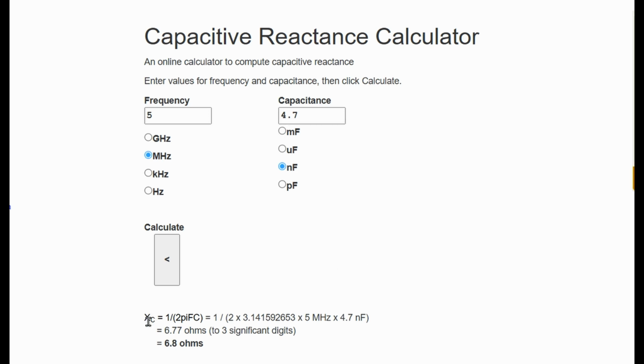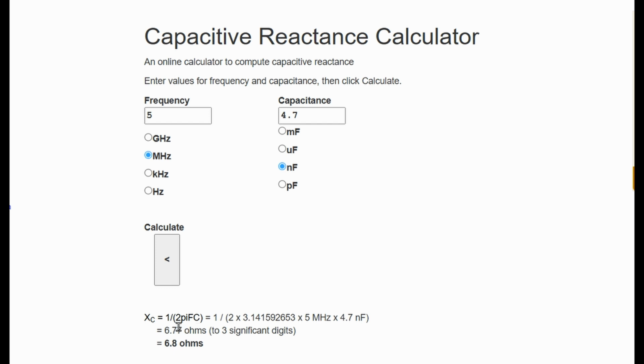Well, here's the formula. XC is the abbreviation for your capacitive reactance, and it's equivalent to 1 over 2 pi FC, where F is your frequency and C is your capacitance in microfarads.